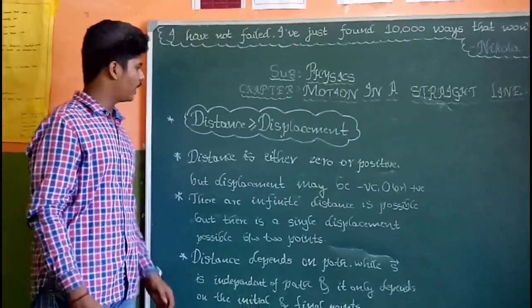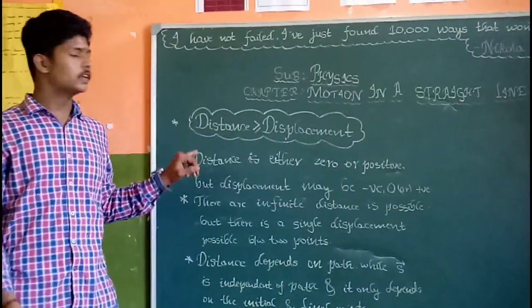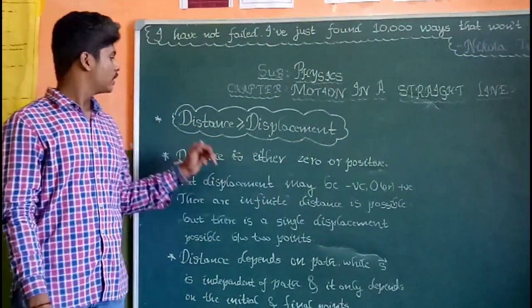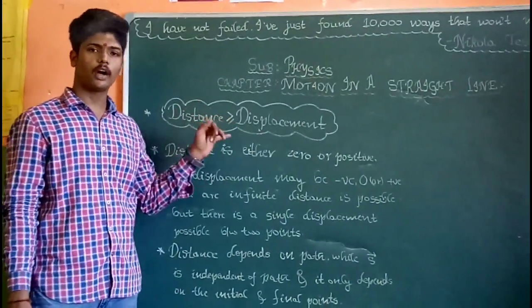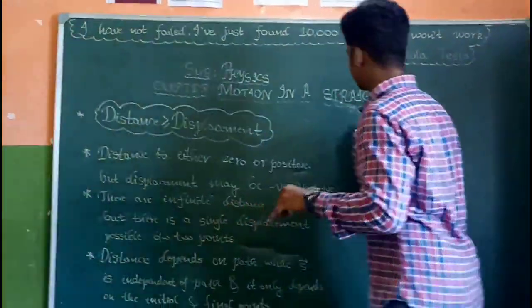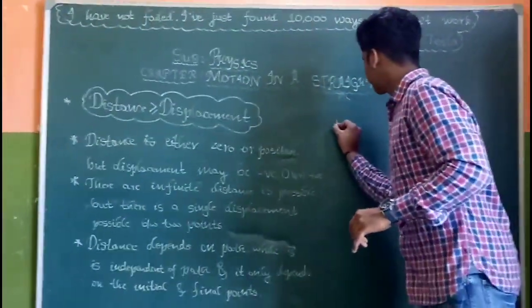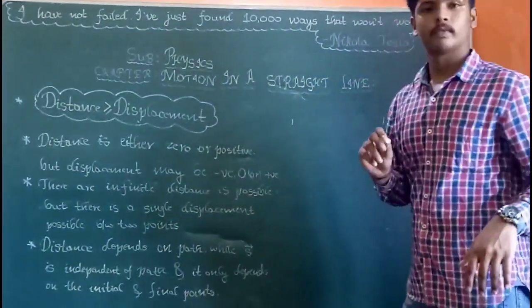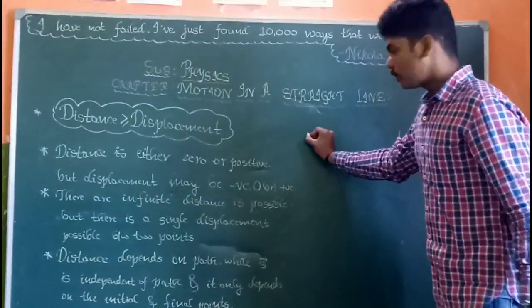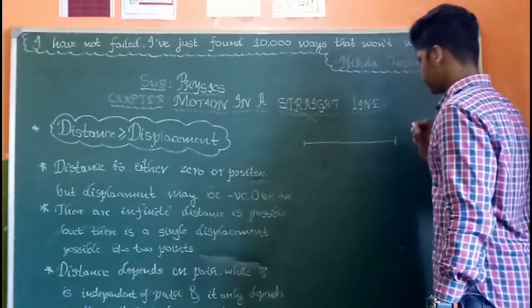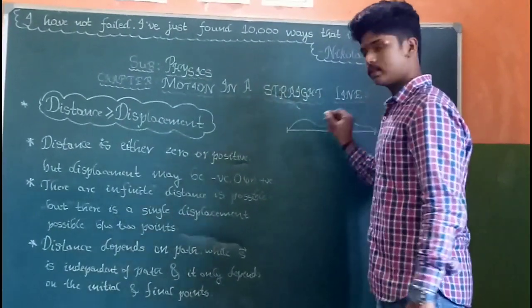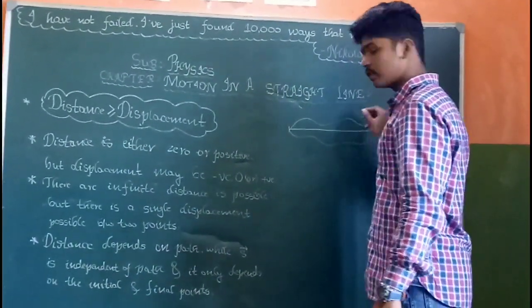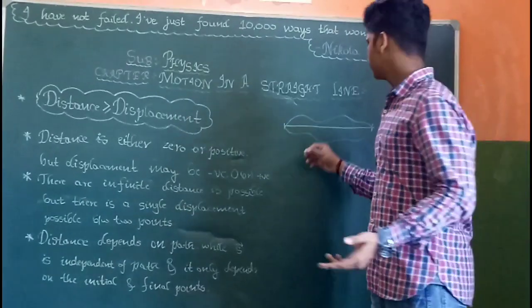Let us look at key points related to distance and displacement. Distance is greater than or equal to displacement. How? Consider an initial point here and a final point here. Displacement is always the shortest path, while distance may be this or any other path.